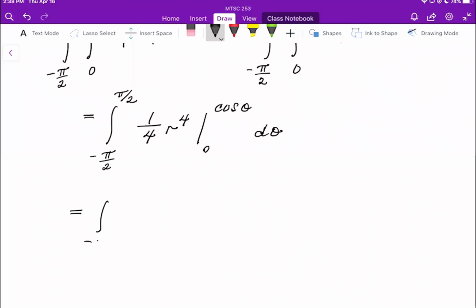Integral minus pi over 2 to pi over 2 of cosine to the 4th of theta d theta.